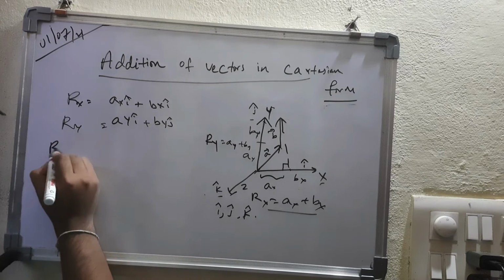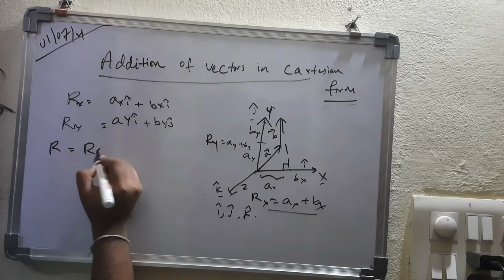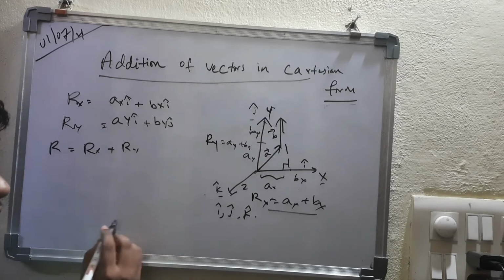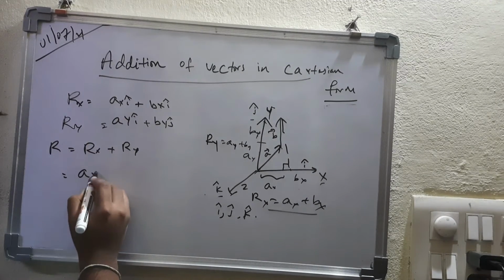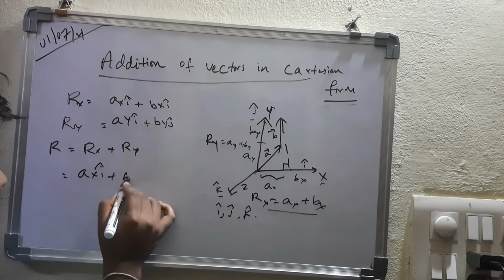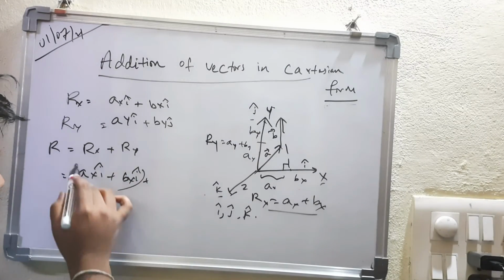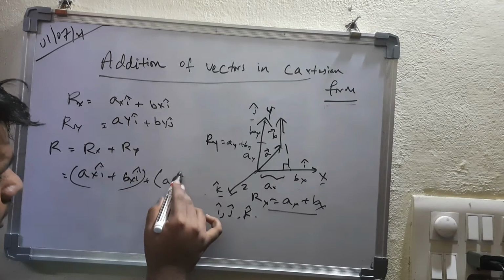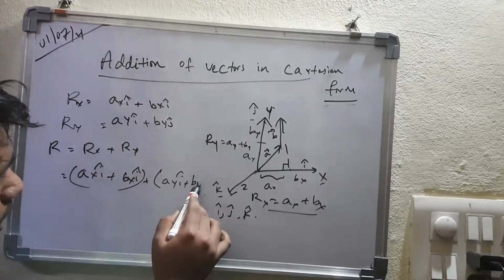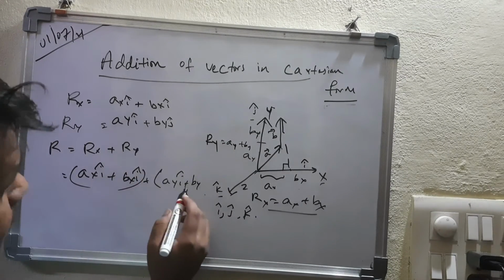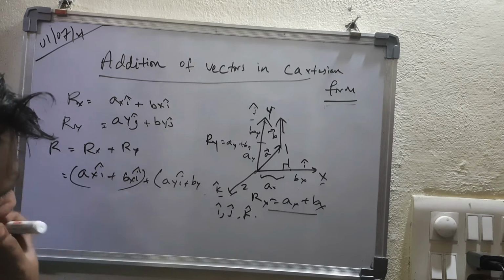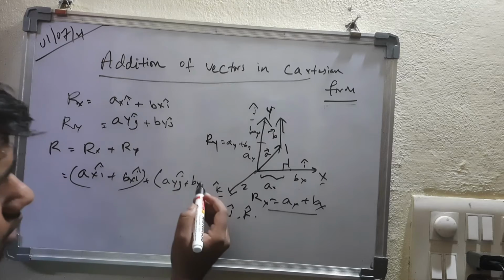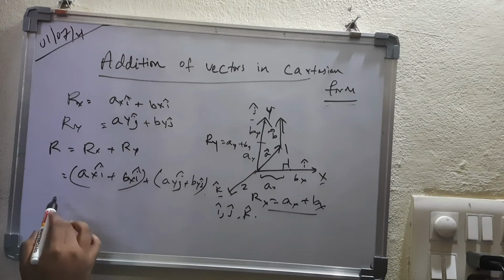Now the whole resultant will be rx plus ry. Adding this: ax i plus bx i plus ay j, sorry, this is ay j, I forgot, plus by j.